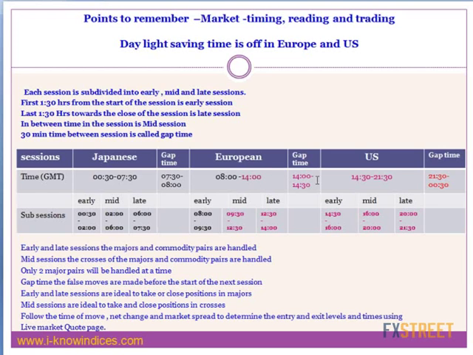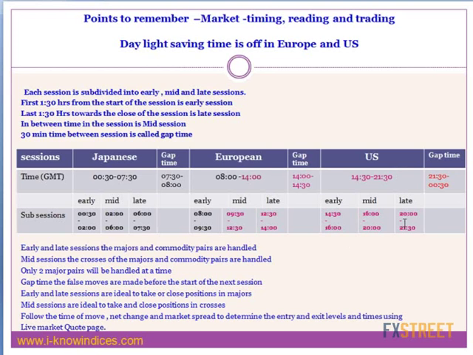So 8 to 14 will be the European session. 14 to 14:30 will be the gap time. Then at 14:30 the US session starts, and at 21:30 it gets over instead of 20:30. Then 21:30 to 0030 will be the gap time before the next day.